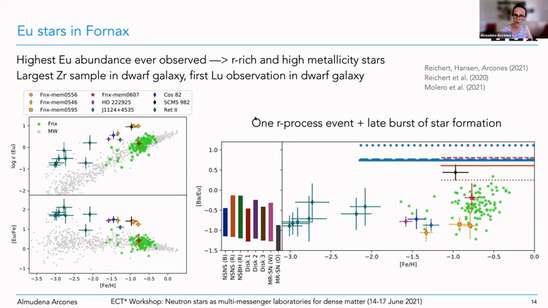So that's completely new. And we were able to find out that these abundances come from only one r-process event, and it has to be related to some star formation in the galaxy. There is also this black star here, but we checked the barium over europium. Barium is a typical s-process element.